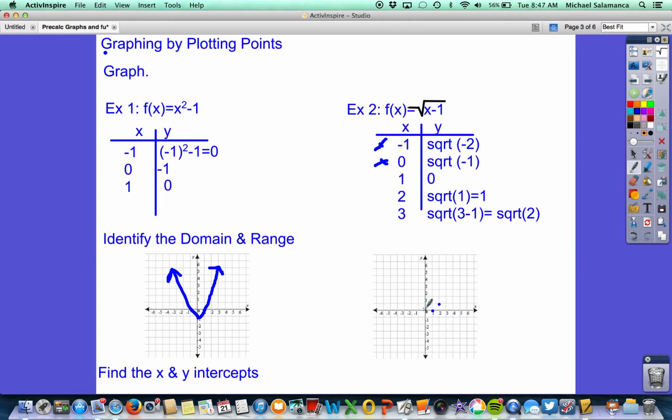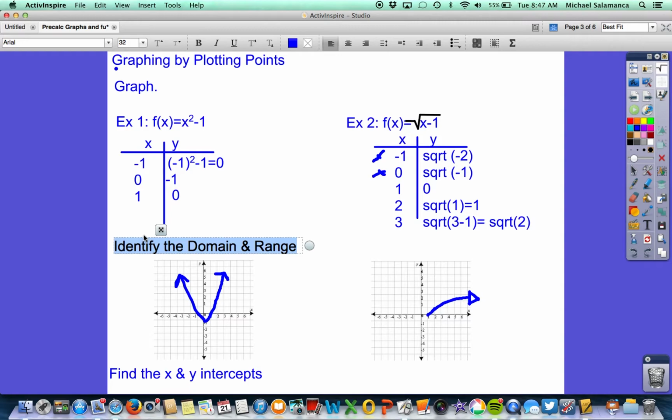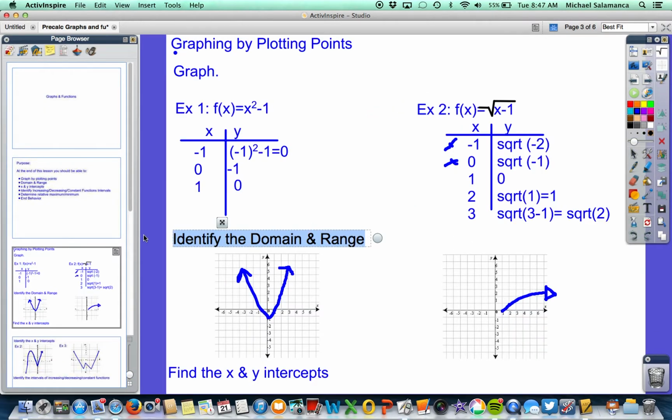And for the next point, x is 3, so we move 3 to the right of the origin, and it's the square root of 2. Square root of 2 is approximately 1.3. We do that, and then we connect the dots following the trend. So that's our answer.